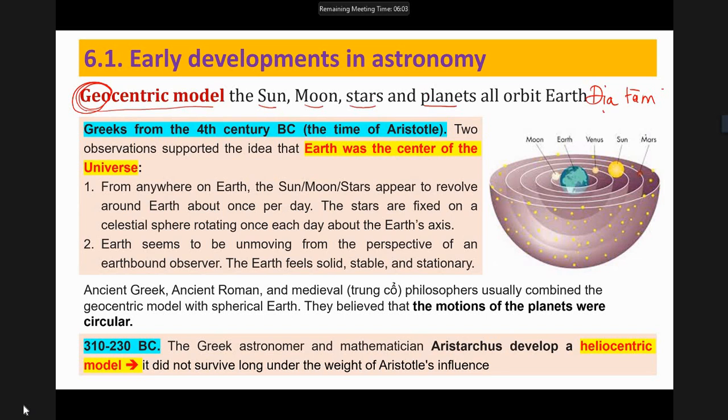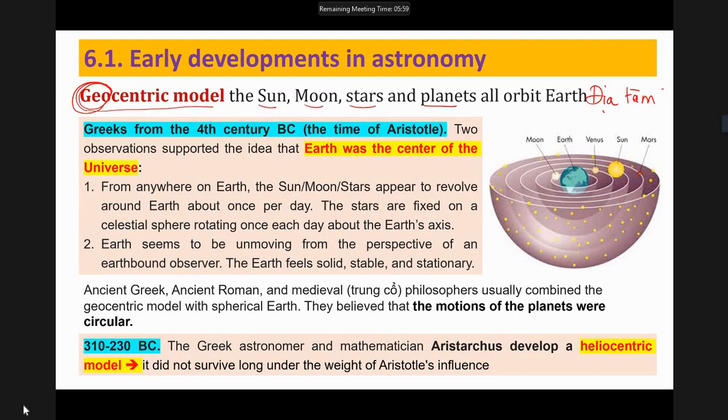This is the image of the geocentric model. The Earth is the center of the universe, and around the Earth are the planets, the sun, and stars.